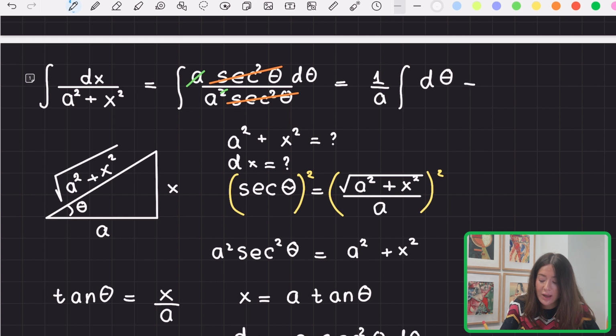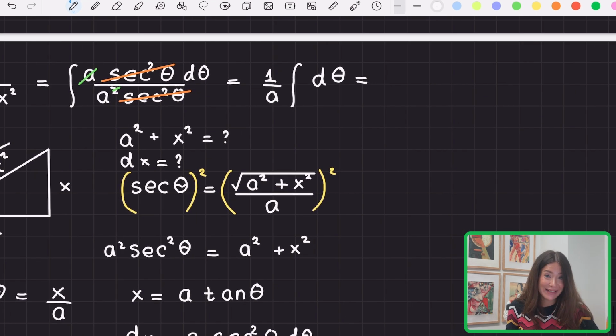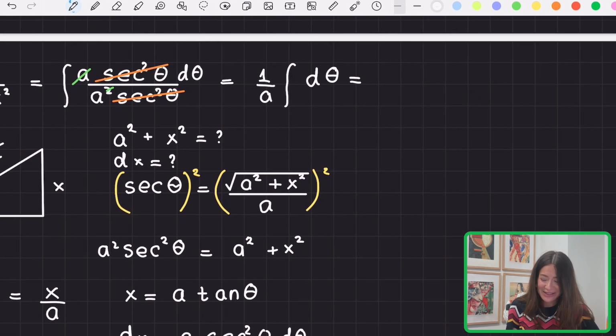And I have the integral of d theta. This is a very basic integral to take. This is no different than the integral of dx. A lot of the times people are, and I myself am smarter when x is the variable rather than any other letter. But the rules are the same, right? So it's just theta plus the constant of integration.